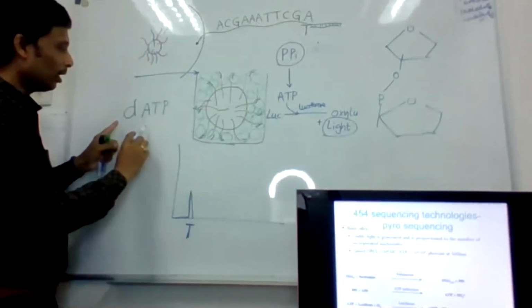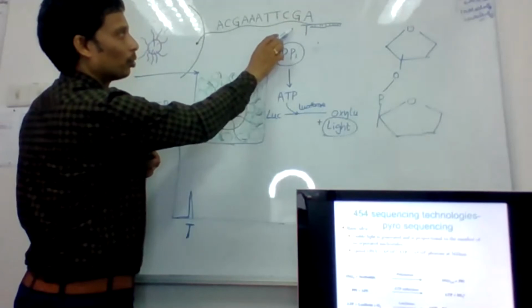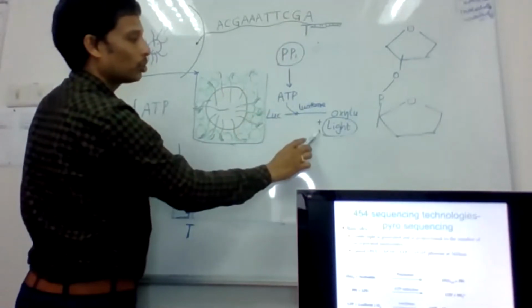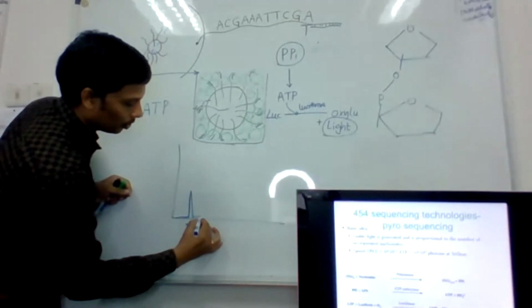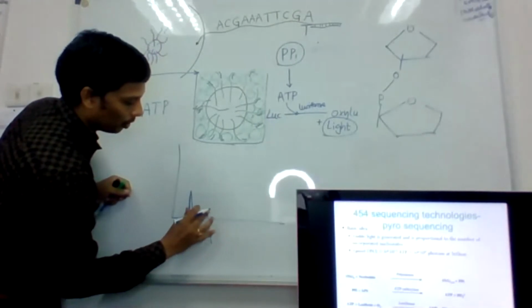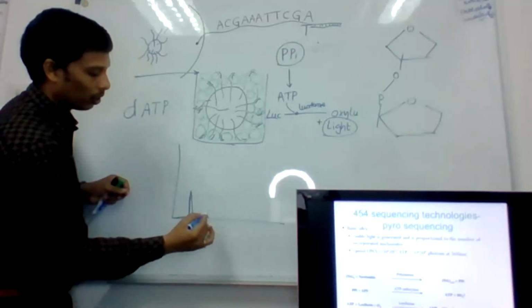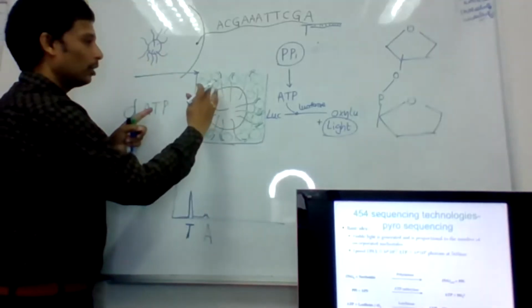So when you add A, there will be no addition of A here. There is no PPi, there is no ATP, there is no light. When we add A, there is no light or just a small background signal. That's it. Otherwise, nothing. So no light. Then again you wash here.